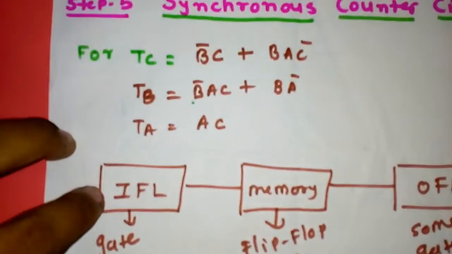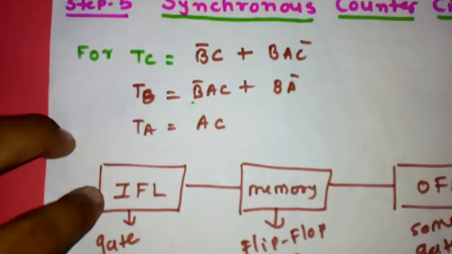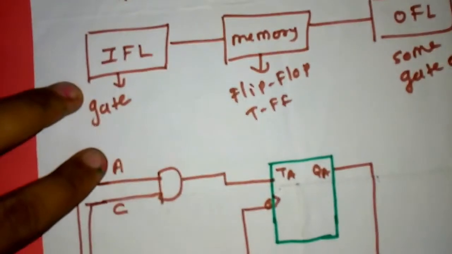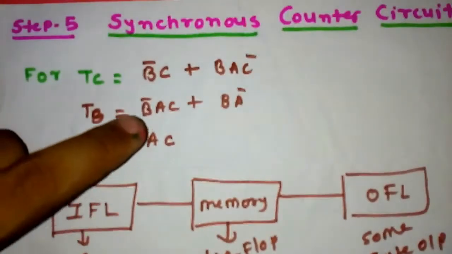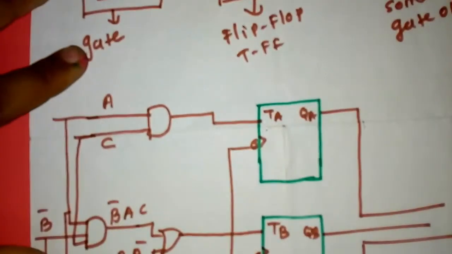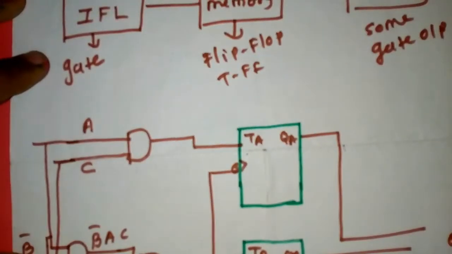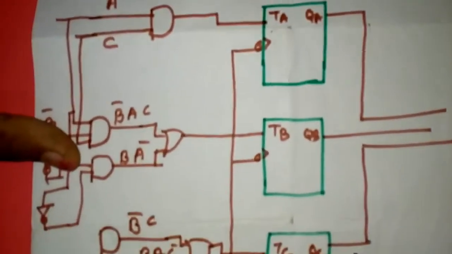What is the equation of T of C? B bar C plus B A C bar. First equation is B bar C, and another equation is B A C bar. We connect them with an OR gate and give the input.